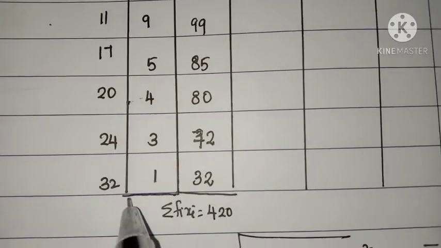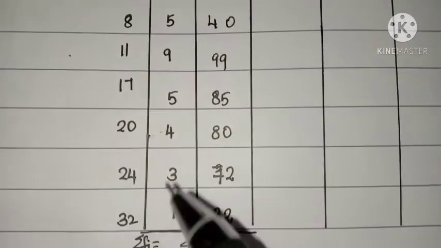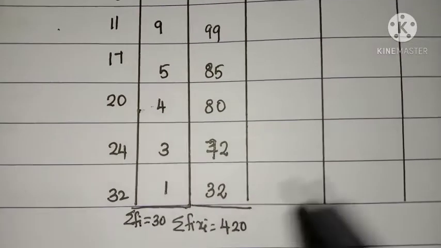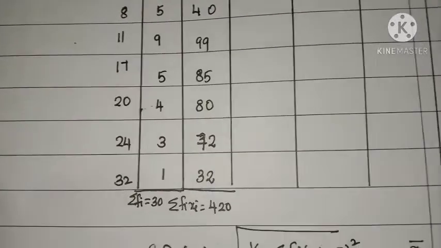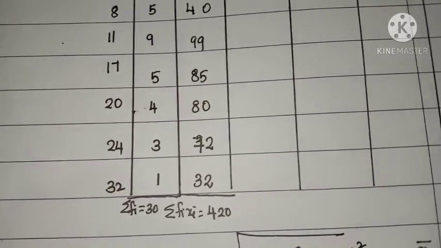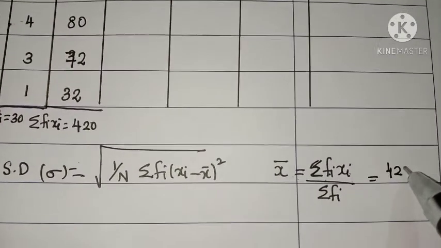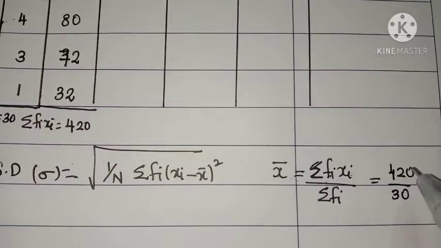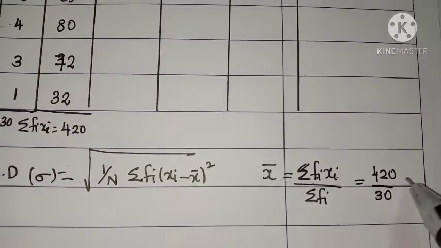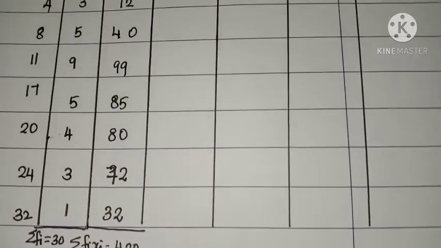And similarly, sigma fi, the sum of all the frequencies, is equal to 30. So we have sigma fi xi and sigma fi. Put these values in x bar: 420 divided by 30, so 42 by 3 is equal to 14. So x bar is equal to 14.